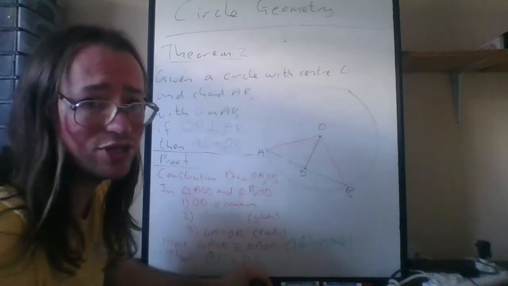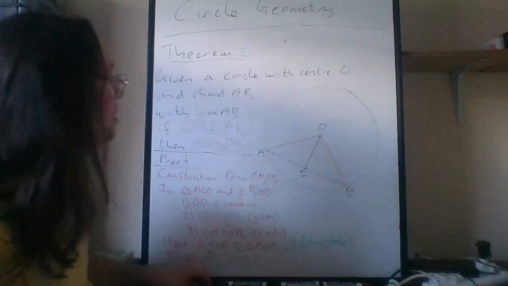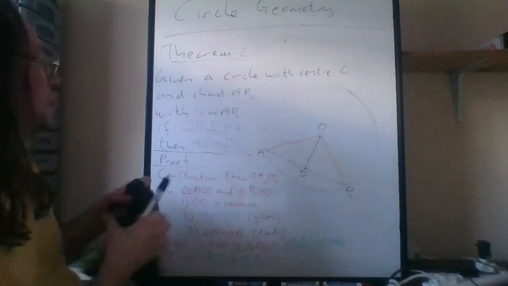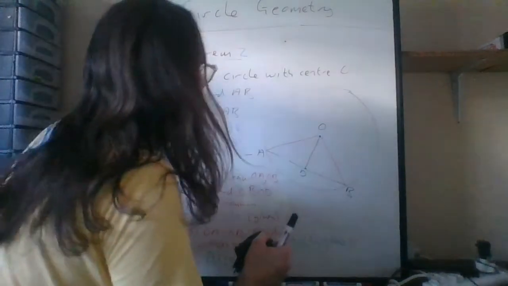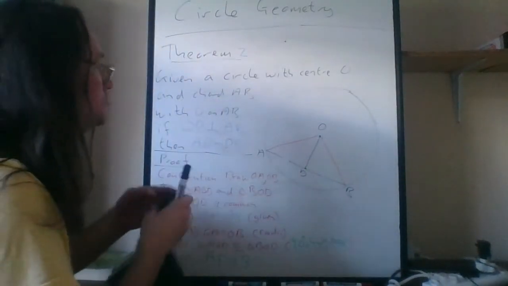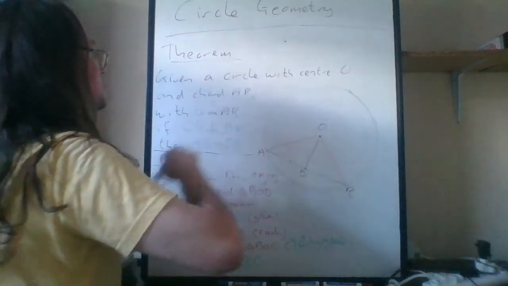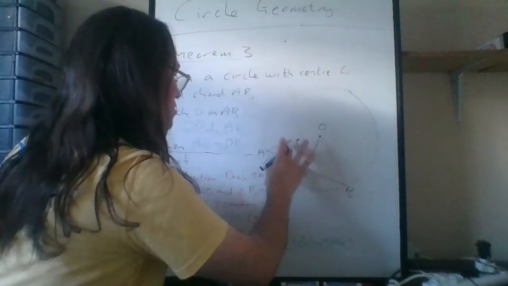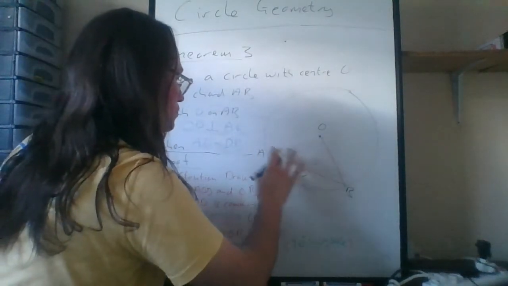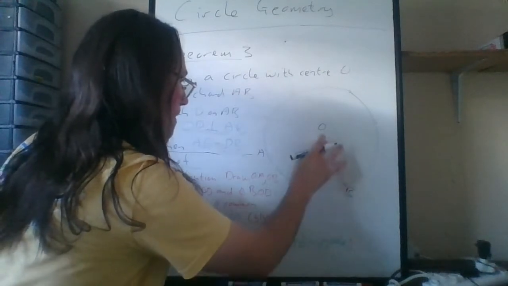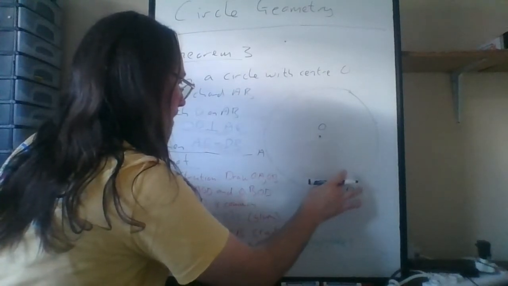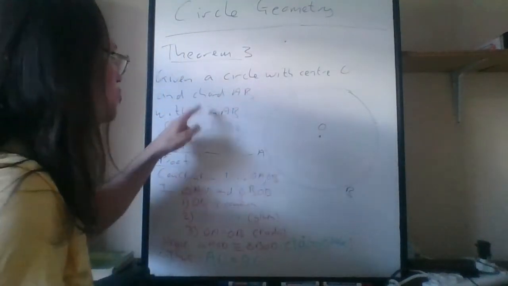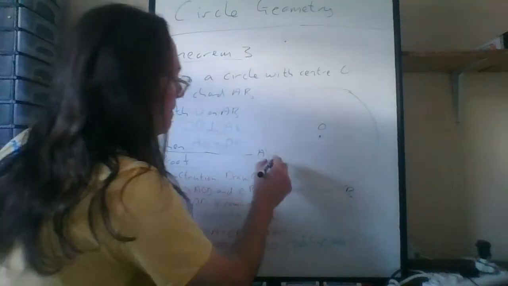Theorem 3 is very, very important. It also has 3 corollaries. Okay, so let's change it to theorem 3 and see what changes. We have a circle with center O. Given a circle with center O and chord AB, we are still given chord AB.